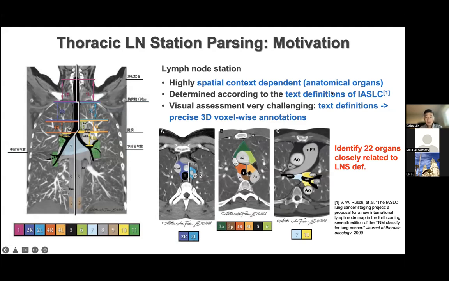However, in the lymph node station guidelines, these stations are described using text descriptions. So changing the text definitions of these lymph node stations to precise 3D voxel-wise annotation is a very challenging task. Here they identified the 22 organs closely related to the lymph node station definitions.